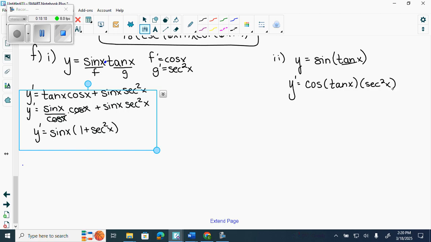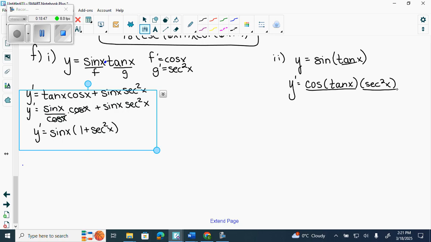Can't get any better than that. This is one full term, so is this, and they're multiplied together. Even if this had a cos in it, you can't take a cos out, because it's a cos tan x, not a cos theta. The only way you can take a cos tan x out is if you have a cos tan x. Plus chain. Okay?